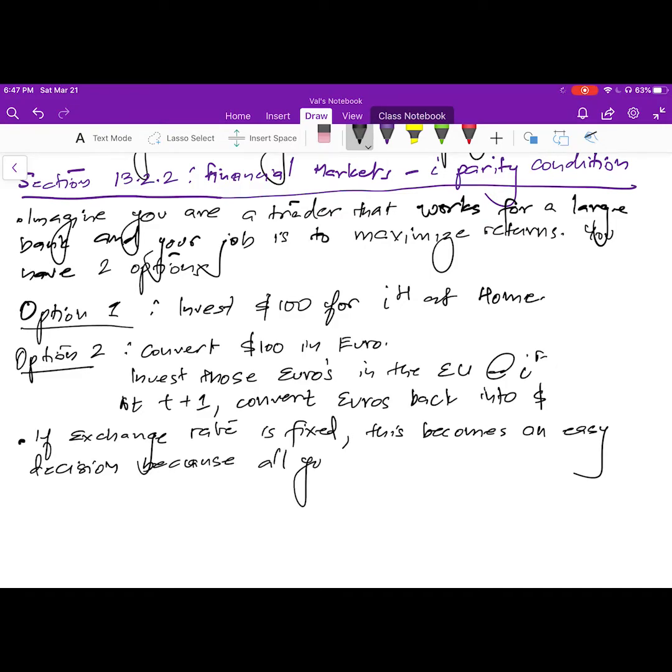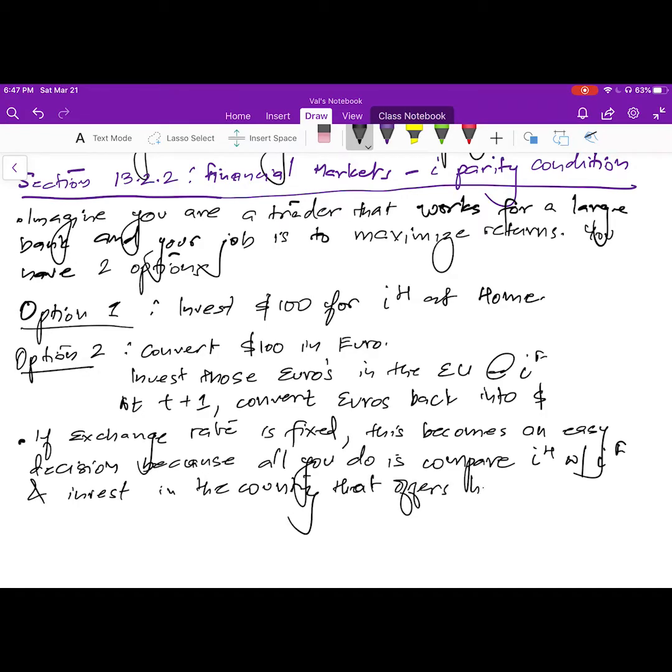All you do is compare home's interest rate with foreign's interest rate and invest in the country that offers the higher interest rate. Okay?